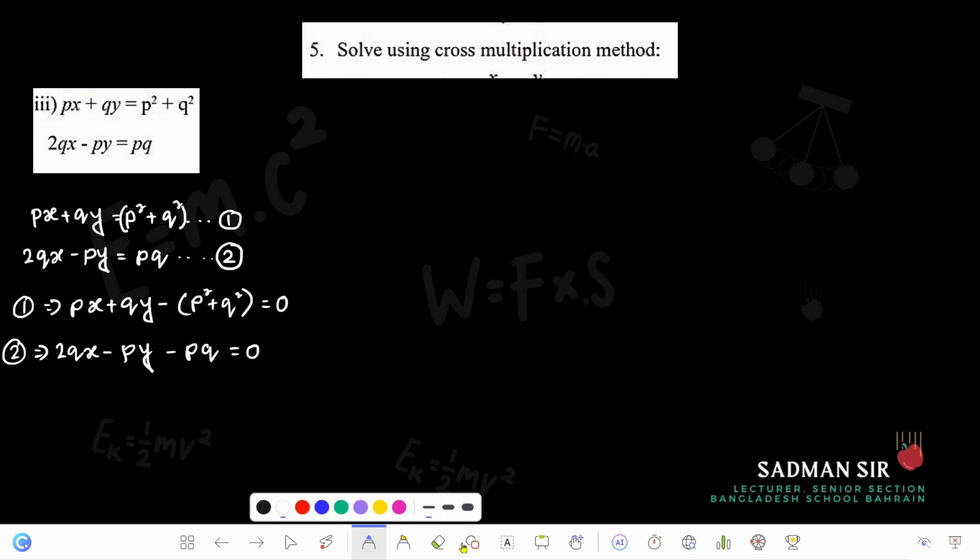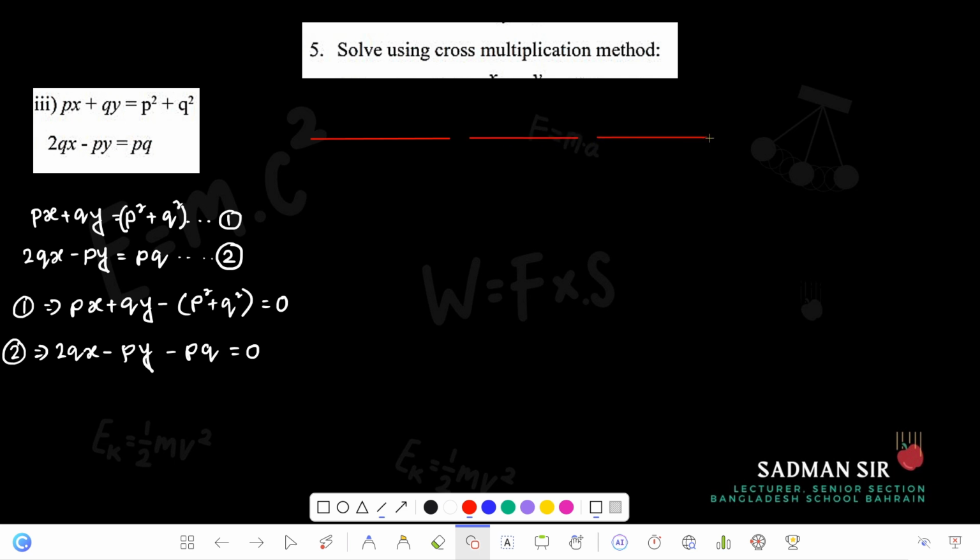Okay. Now we will apply the cross multiplication method. You know that for that we have to draw 3 lines. Now we will write here x minus y and 1, and in between we will put equal sign.